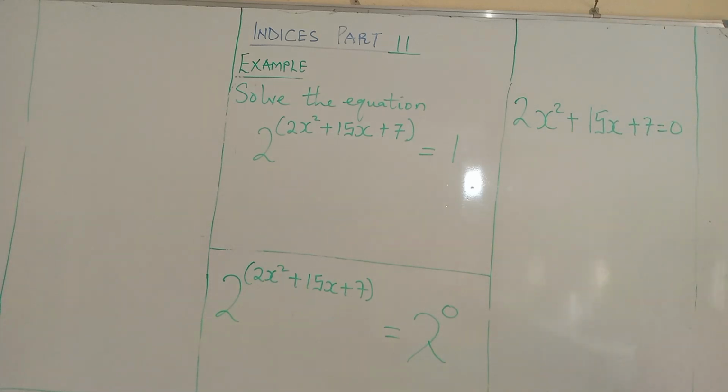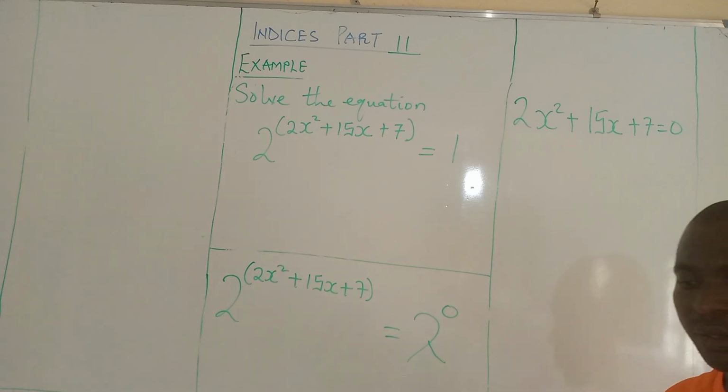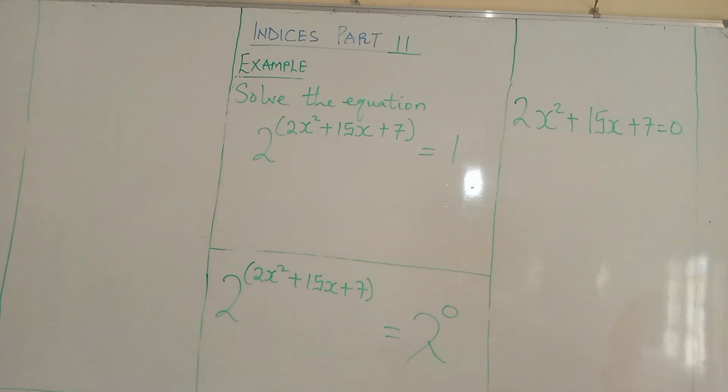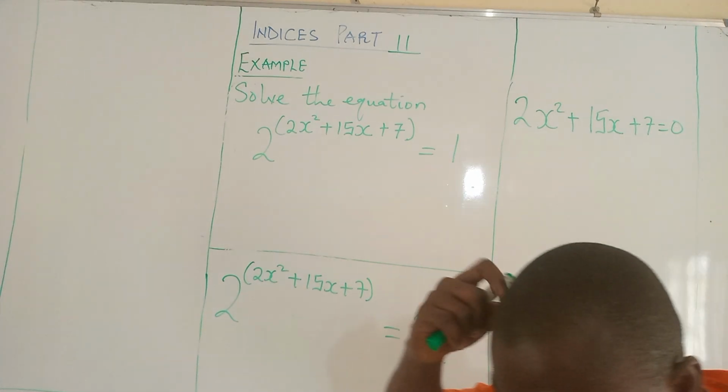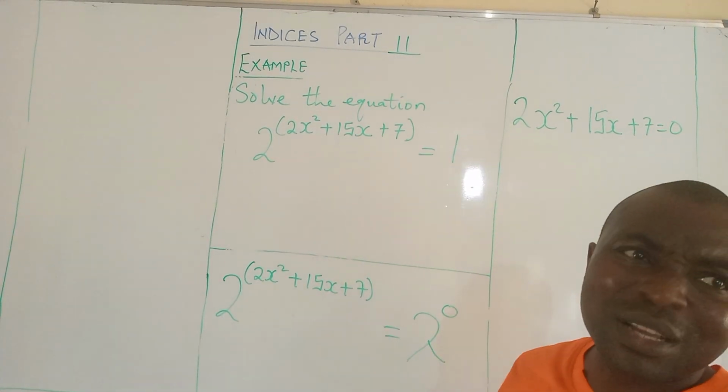And that becomes a quadratic equation. Another quadratic equation, there are many ways of solving it. We have factorization method, we have completing the square method, we have formula method, and we even have graphical method.